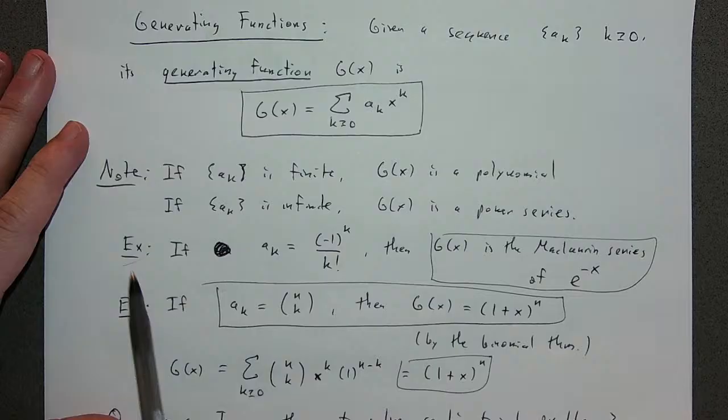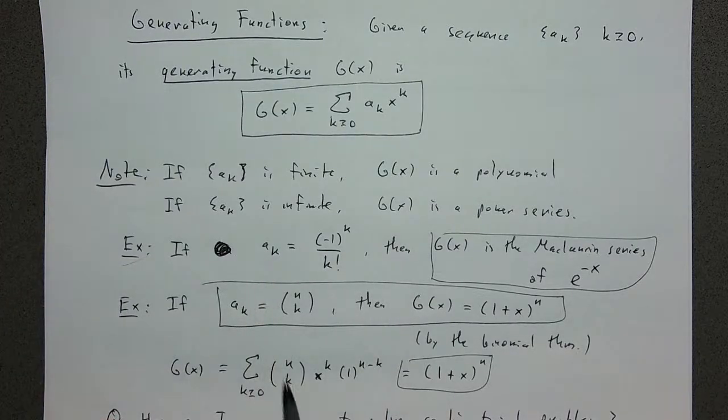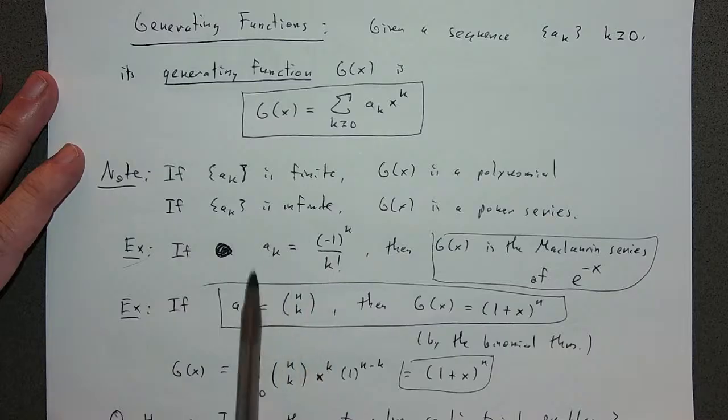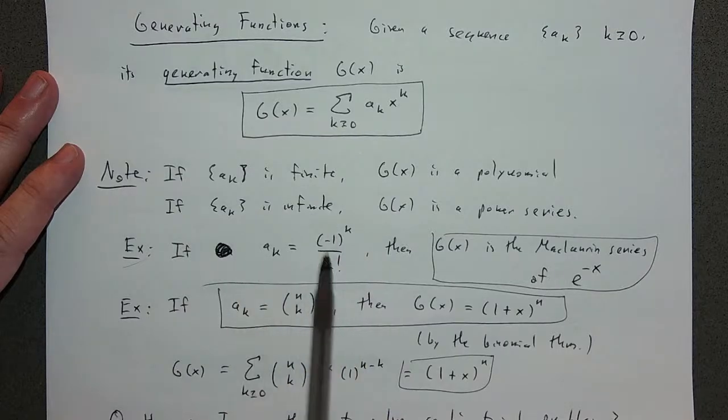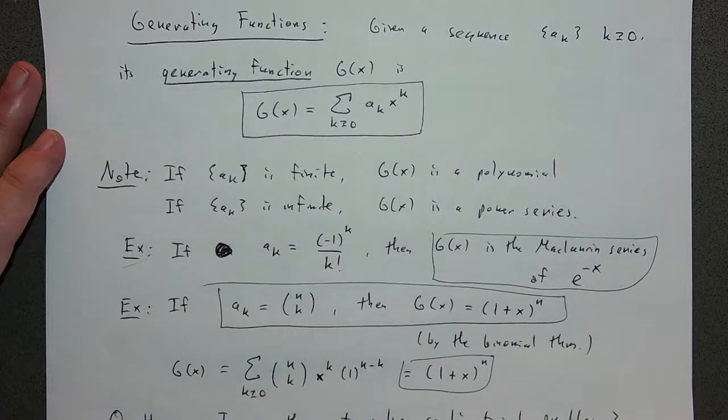A couple of the examples that we gave: if, for instance, we knew specifically that here's our sequence, just minus 1 to the k over k factorial, then the matching power series is just the power series for e to the minus x.